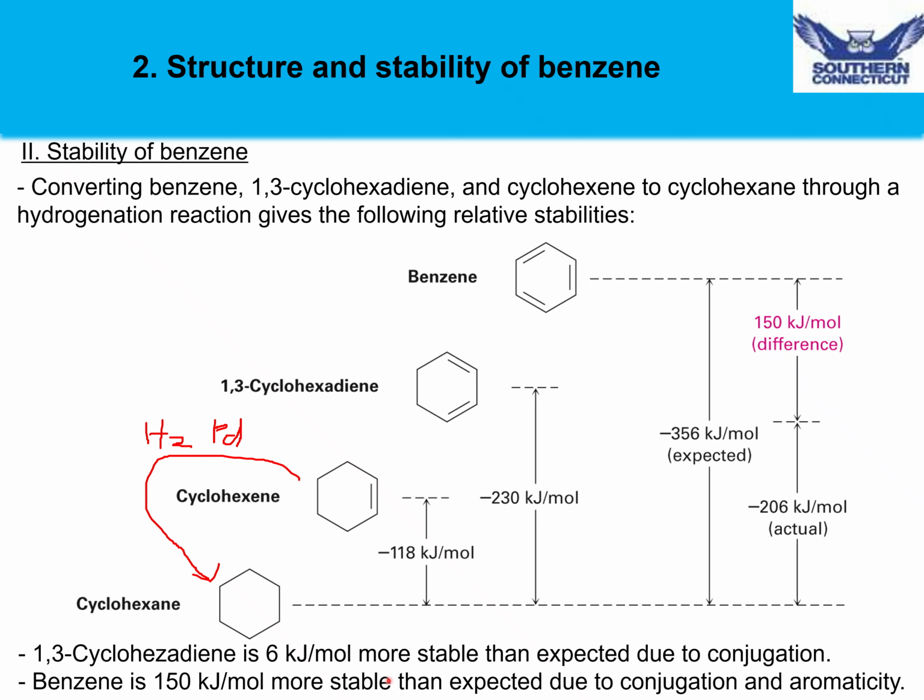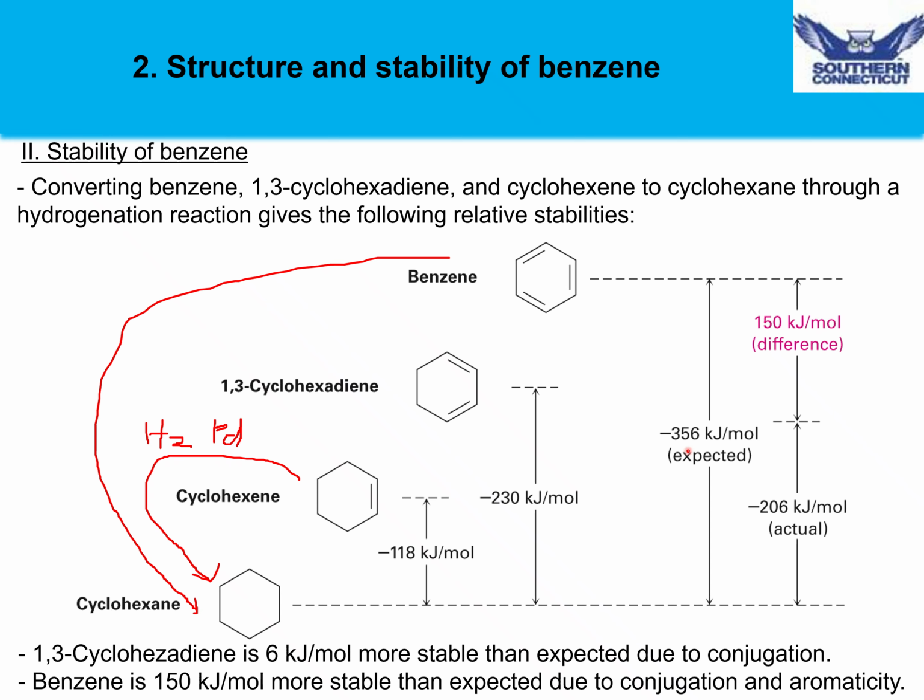So in other words, when we try to hydrogenate benzene, adding hydrogen gas and palladium to convert it into cyclohexane, based on the experiment we saw with cyclohexene being converted into cyclohexane, you would think that if we took this value and multiplied times 3, since there are 3 double bonds in benzene, we should theoretically release from the reduction of benzene into cyclohexane about 356 kilojoules per mole, just simply by taking 118 and multiplying it by 3.